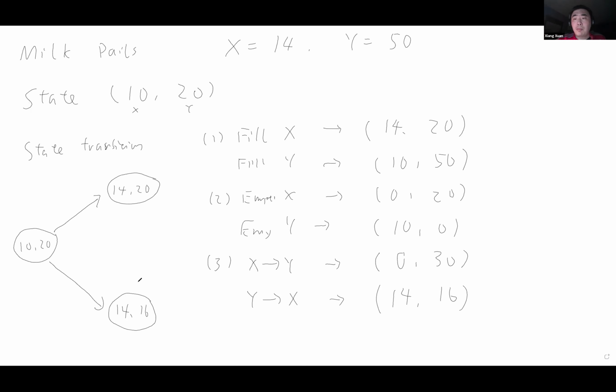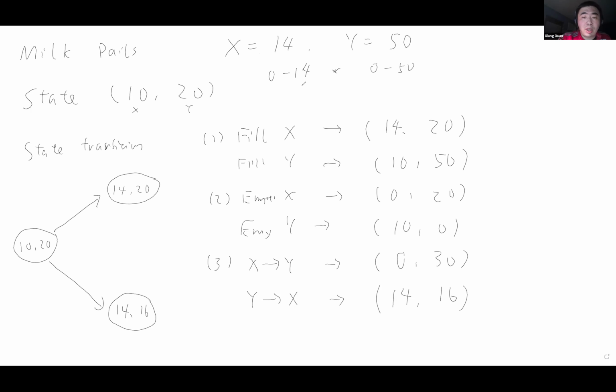Let's think about the number of nodes. Because all of these can only take an integer value, the possible value of x is just going to be 0 to 14. All the possible values of y are 0 to 50. So then we take the combination.